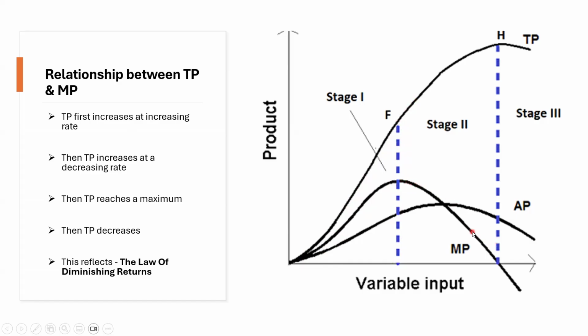The extra output produced by employing an additional worker is decreasing. So as much as your total products will be increasing, they'll be increasing at a decreasing rate. Understand? And then your marginal product continues to decrease until it reaches 0, where now, when your marginal product is 0, your total product will be at its maximum.